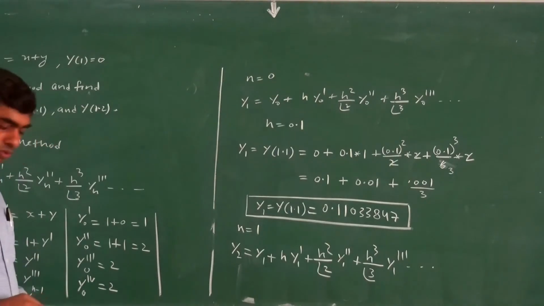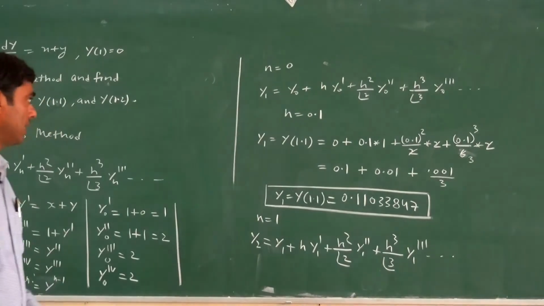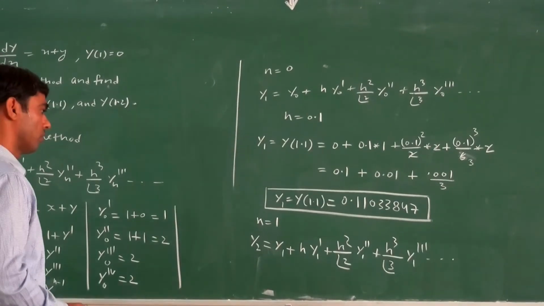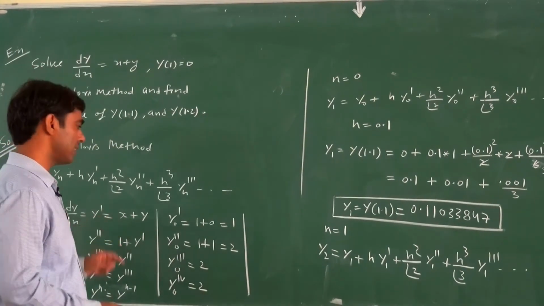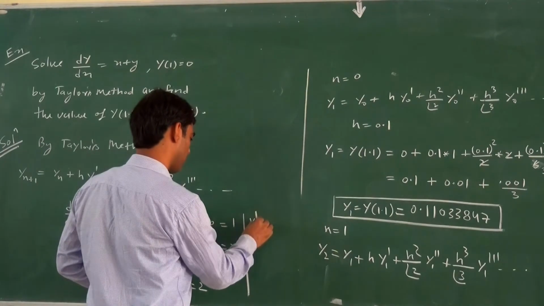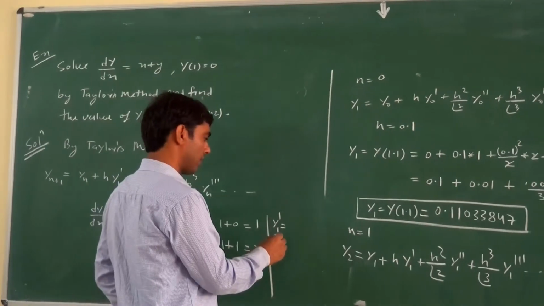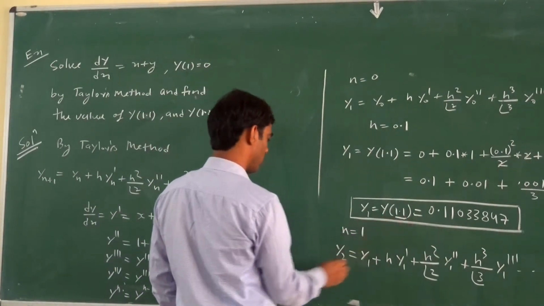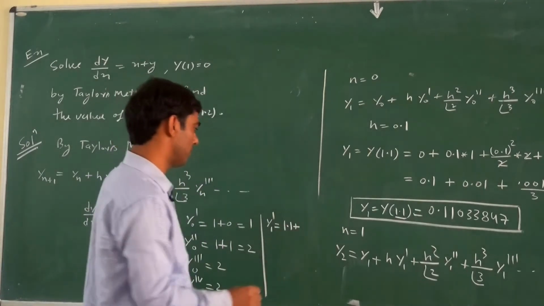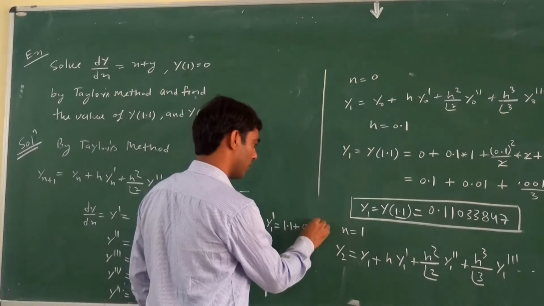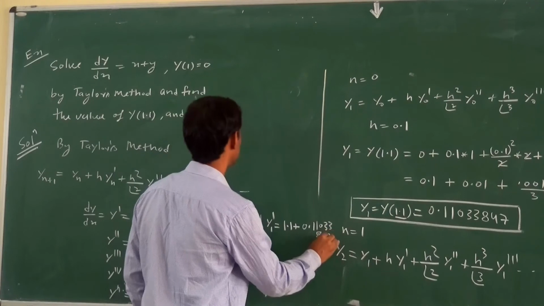Now we calculate the values of y1 dash and y1 double dash. y1 dash becomes, putting x equal x1 and y equal y1, where x1 is 1.1, plus y1, which is 0.11033.